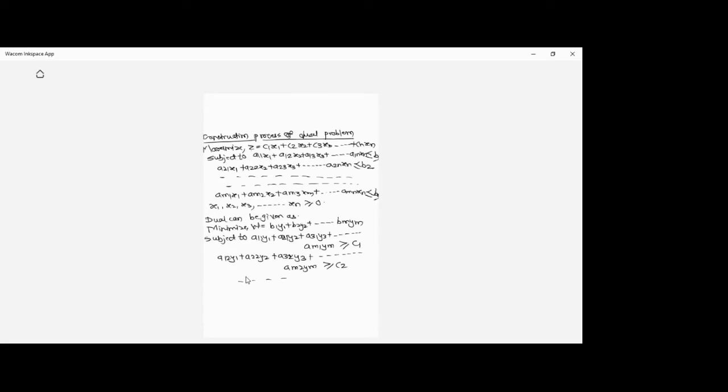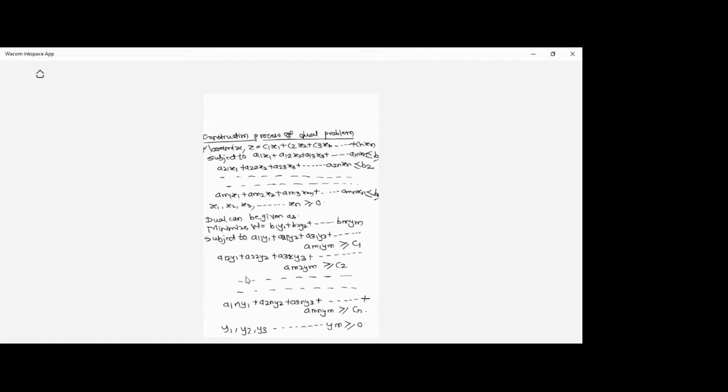There can be multiple constraints like this, and the last will be a1n y1 + a2n y2 + a3n y3 + ... + amn ym greater than or equal to cn. And here the variables y1, y2, y3, ..., ym are all greater than or equal to 0.